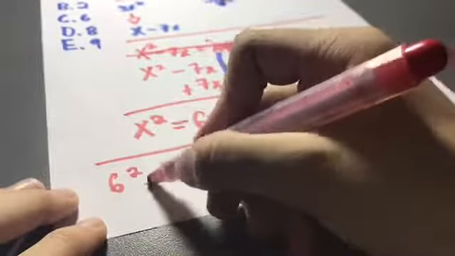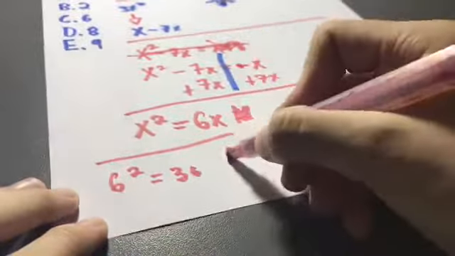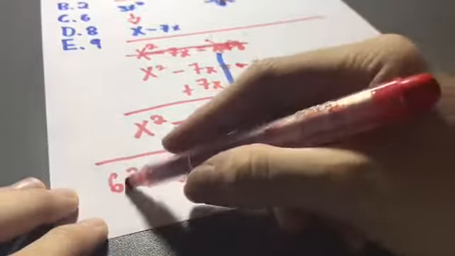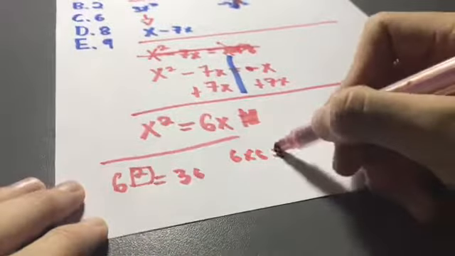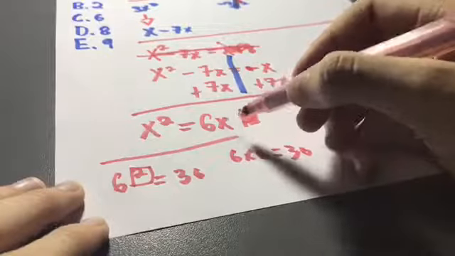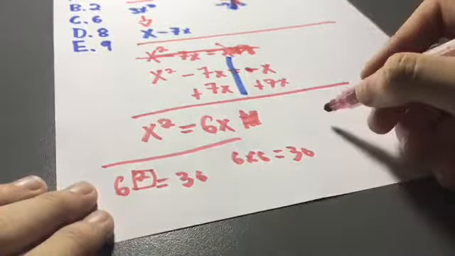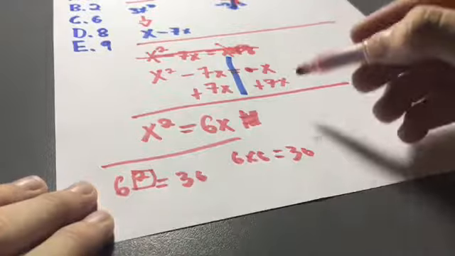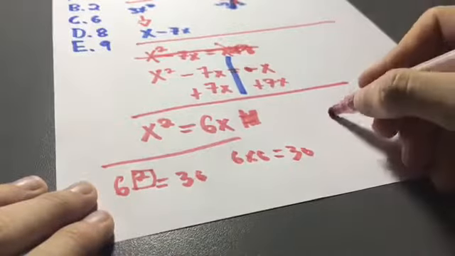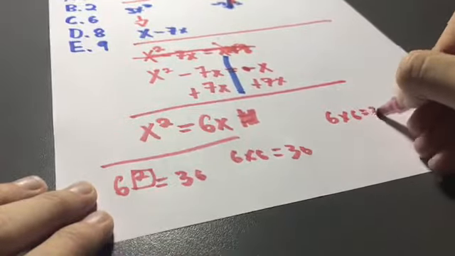Let's rewrite this. 6 over 2 is equal to 36 because we do 6 times 6 twice. But here, it's not over 36, it's just 6x, meaning we have to multiply 6 times x, which is 6. In this case, 6 times 6 equals 36.